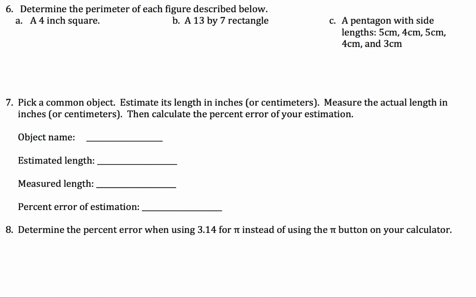Number 7, you're going to pick an object and tell me what it is. Estimate its length, and then measure its length and find your percent error of your estimate. And then number 8, we use the number 3.14 as a stand-in for the number pi. Calculate what the percent error is if you use 3.14 instead of using pi.